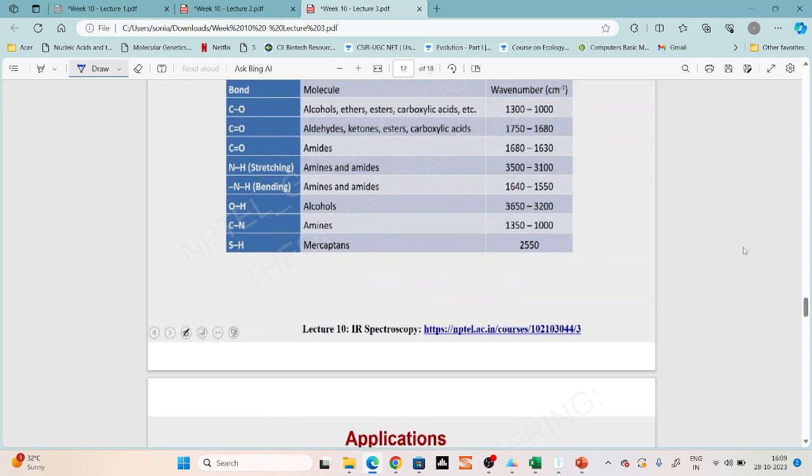Different energy waves are required for different work. In that context, we studied different kinds of spectroscopy, starting from radio waves to microwaves, infrared waves, then UV-visible rays, then gamma rays and X-rays. We have revised the whole of lectures 1, 2, and 3.